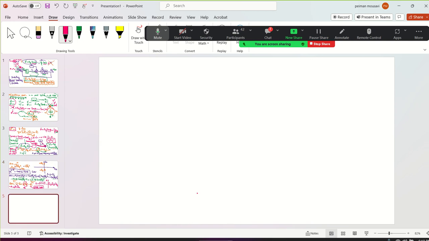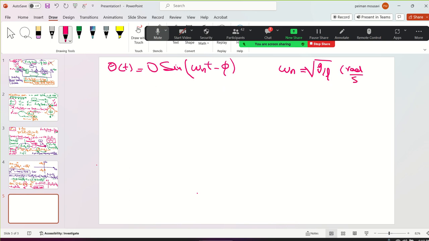So, bear with me. I'm going to connect this to control now. The angle of the pendulum, as we saw, is D sine(omega n t minus phi). We derived it by assuming that there is no hip joint acceleration. This natural frequency is in radians per second, which is a function of gravity and the length of the pendulum, the length of your leg.